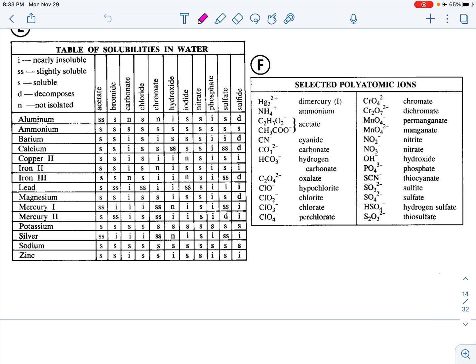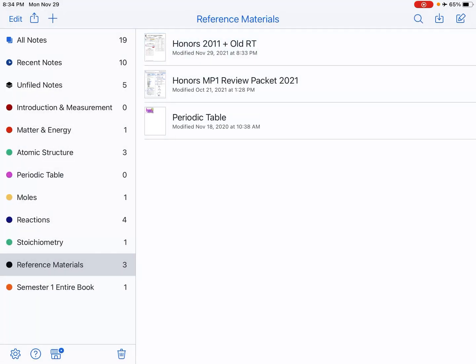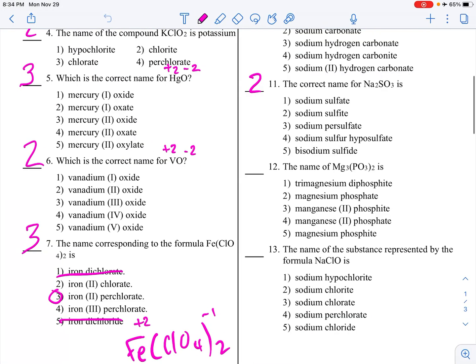Well, PO4 is phosphate. So I'm going to go phosphite. That's a weird one. It would not be trimagnesium, because that is the Greek naming system and that doesn't work with metals. So magnesium phosphite is what we do.